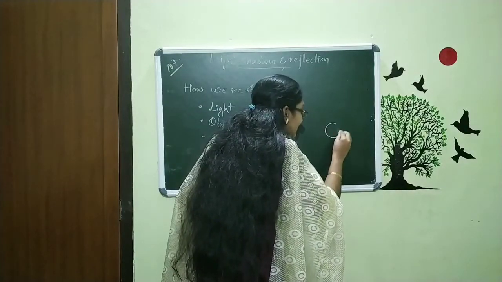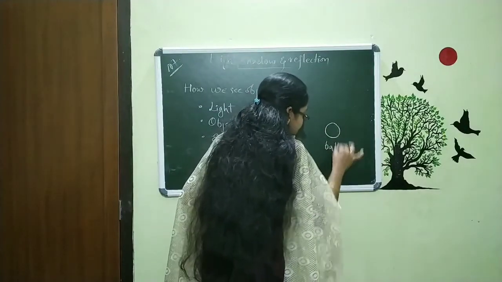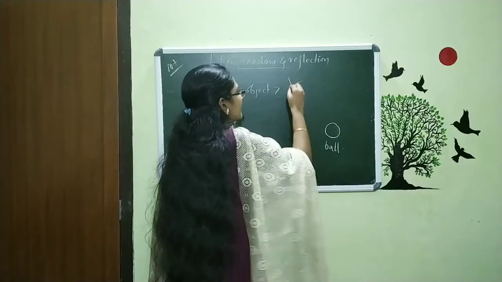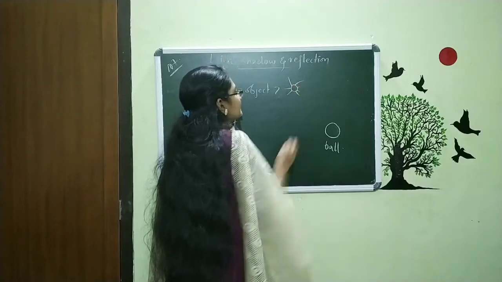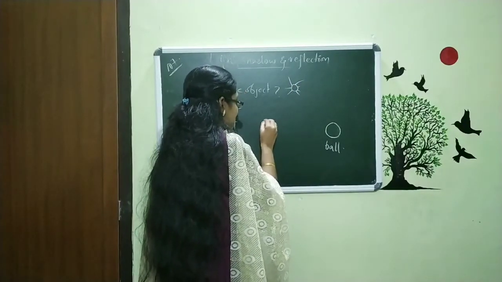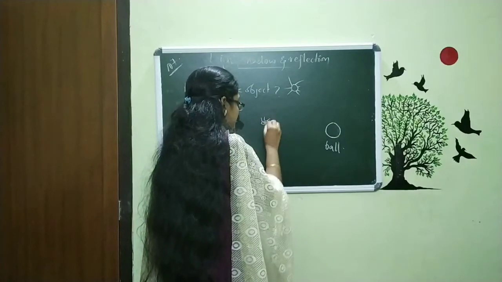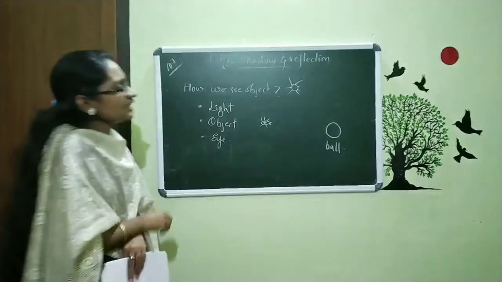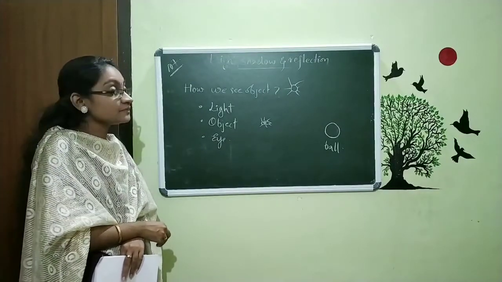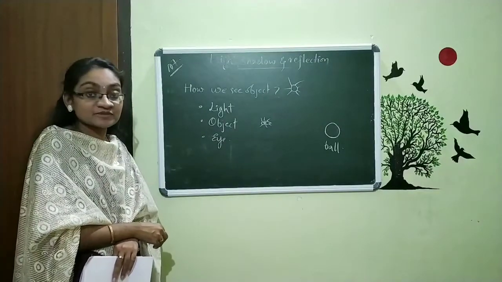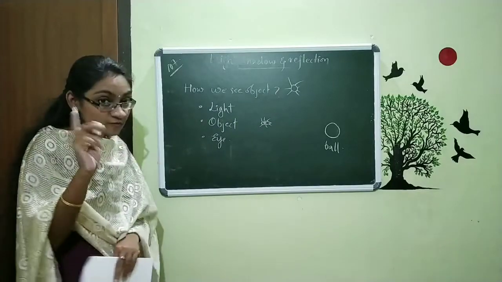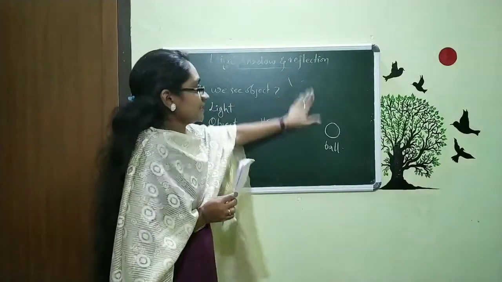The process is very simple. Suppose one ball is placed here. This is the ball. And our light source, suppose this is the sun, is there, and my eye is present here. And actually, how is this ball visible to our eye? What is the procedure? Suppose there is no sun.